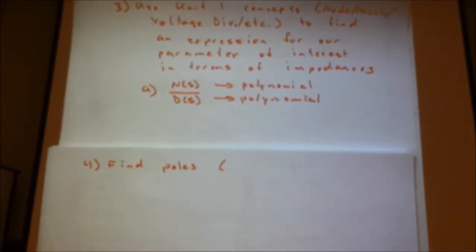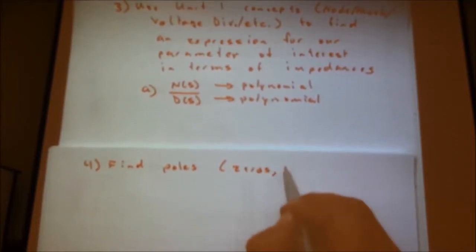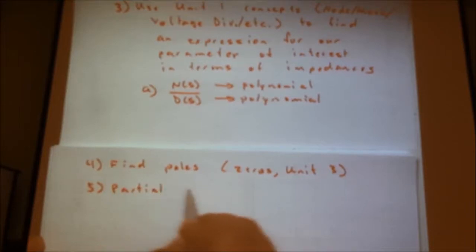Once you get it in this order, find the poles. And as a subtopic, zeros, but not relevant. This is going to wind up being Unit 3 more than anything else. But as long as we're finding the poles, we may as well find the zeros at the same time. Once we find the poles, partial fraction expansion.